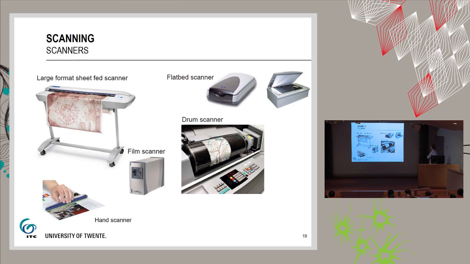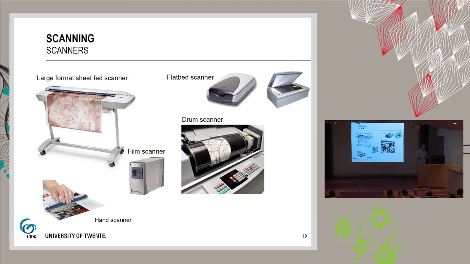If you want the highest quality, then you really need a drum scanner, yeah? Or a high-end flatbed scanner will also give you very high quality. I would say for large format maps, you may also use a feed scanner. There's this type of scanner. Yeah? That's also a possibility.